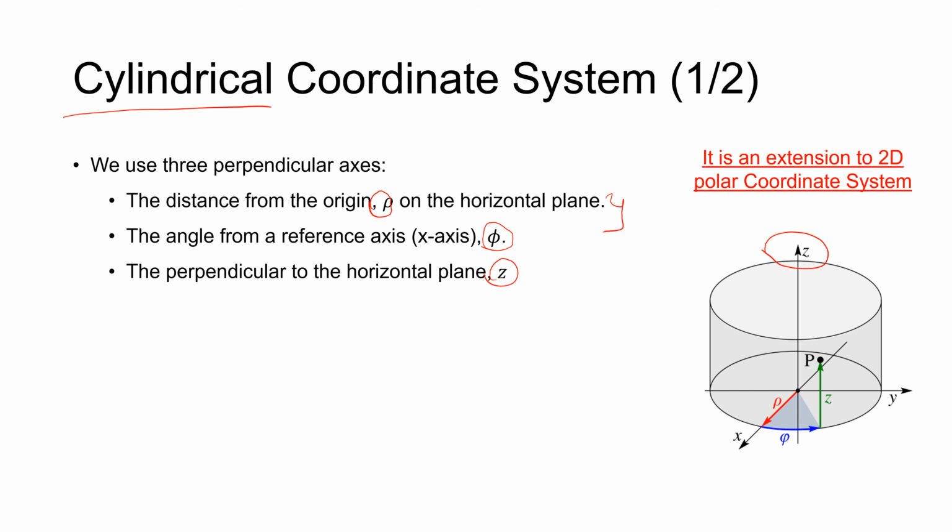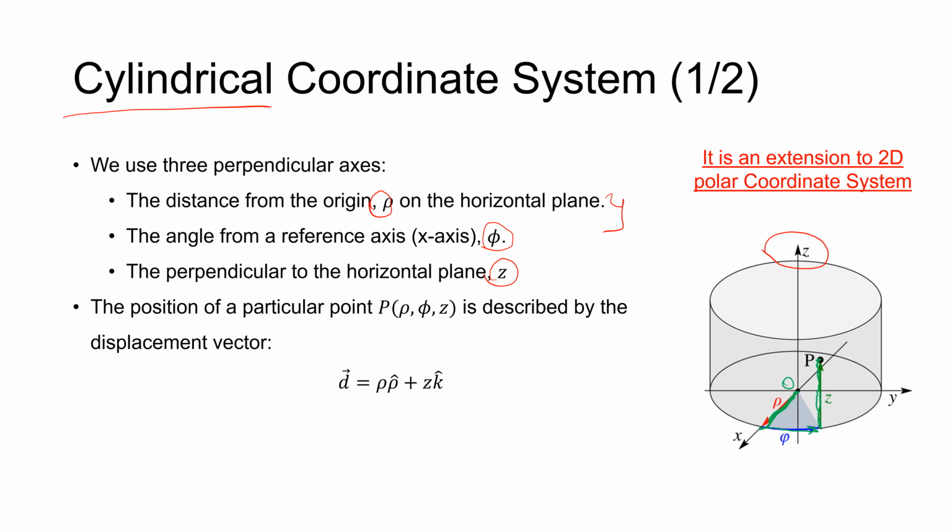So if we want to move from the origin to the point P, we just move with the radius rho, then we rotate with the angle phi, then we move perpendicular to this plane in the z direction until we reach the point P. Now we want to calculate the displacement vector which connects the origin to point P. So this is our point P. I'm here in the origin.